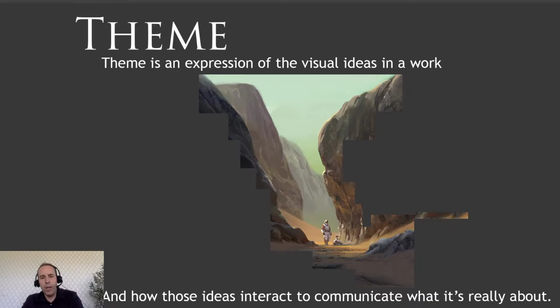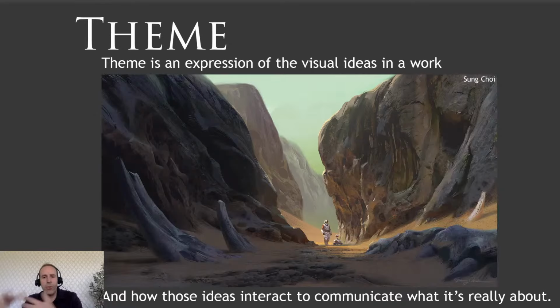When you put those two ideas together, they jitter against each other and create something really exciting. We'll talk about specifically how to use this, but the feeling and the excitement that comes as you pull those ideas together, and obviously the rendering brings some of that, but ultimately it's the story of the piece. That's what theme is. Theme is just an expression of the story and a specific aspect of the story.